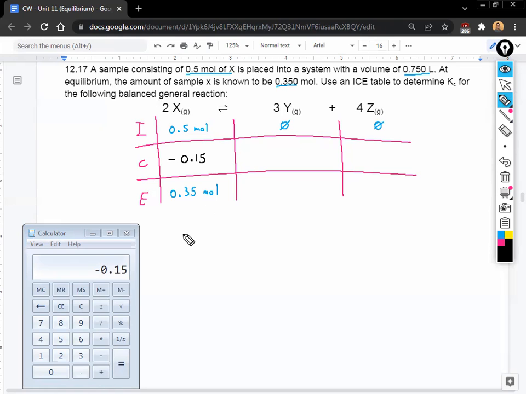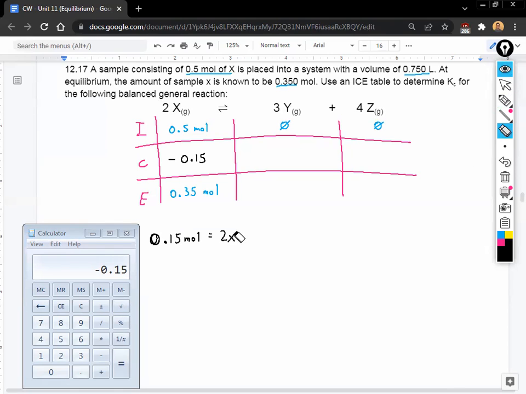Okay, however, there is something that you guys need to keep in mind, and it's the coefficients. If you take a look at this reaction, what this reaction tells you is that in order to make 3 moles of Y and 4 moles of Z, you need to lose 2 moles of X, right? What that means is that the change in X is 0.15 moles, and that is equal to 2C.